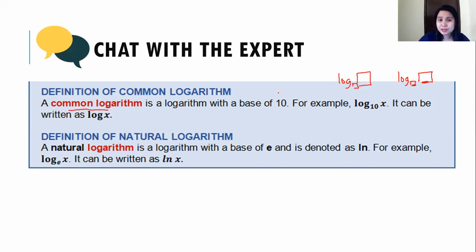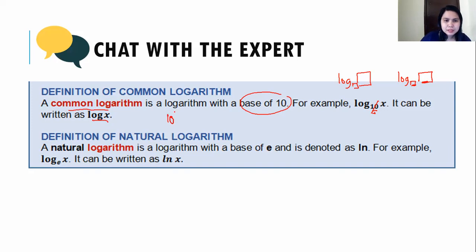In common logarithms, the base is 10. So you write 10 in the base, but it can also be written without the base. So just log x. If you cannot see any base in your logarithm, then it means that the base is 10. Now, how do we have the base of 10?